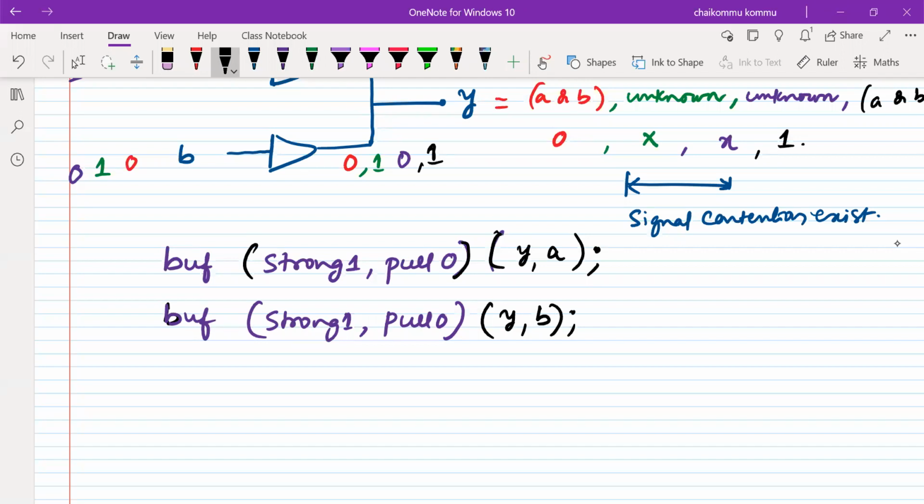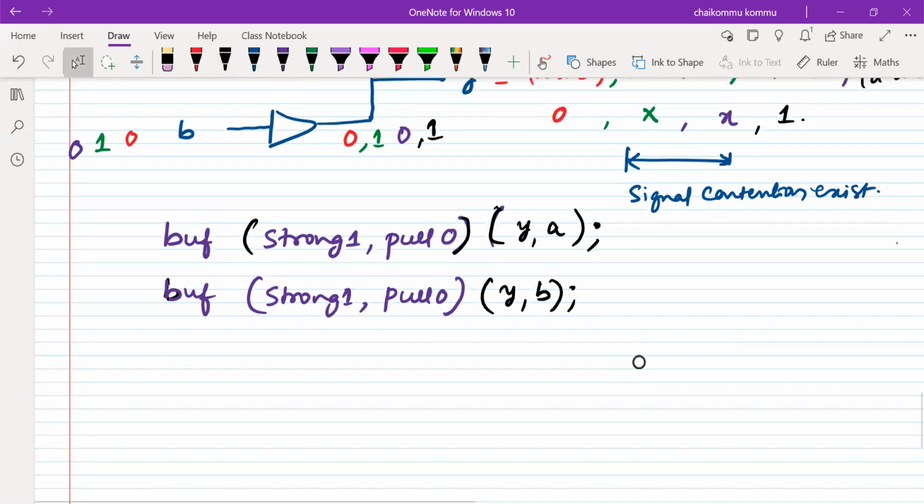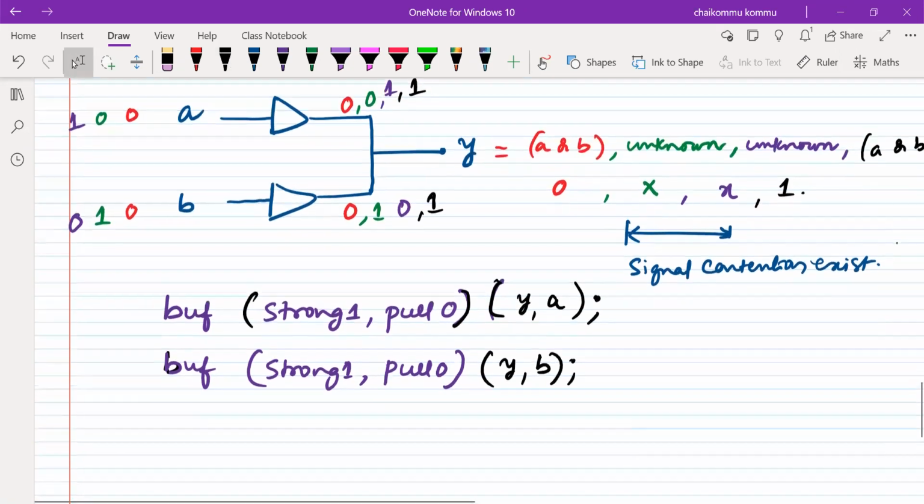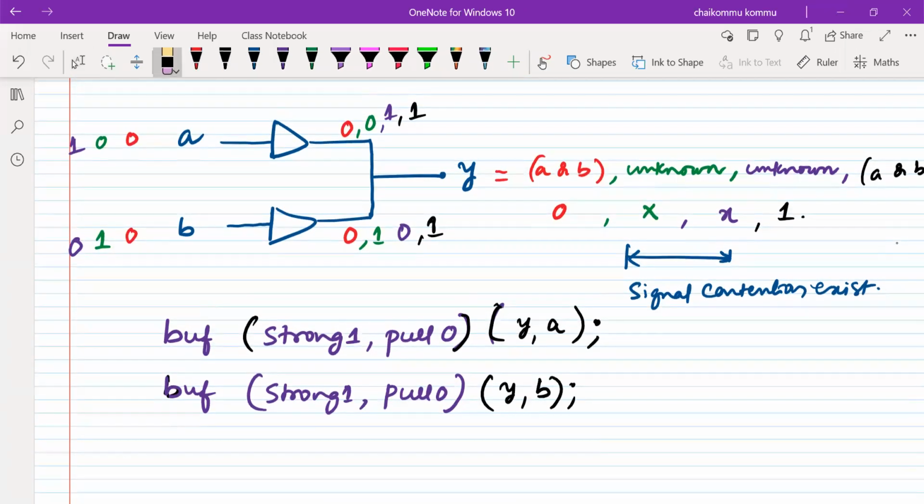See what I'm doing here: the strengths are defined. The logic values are opposite, but the strengths are also opposite here. I will come to your doubt after completion of this one. Now what is happening here? We'll apply the same kind of logic.